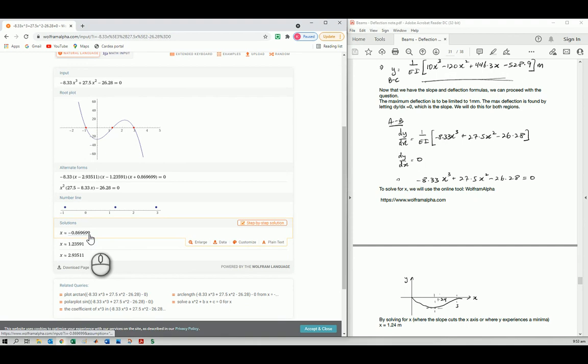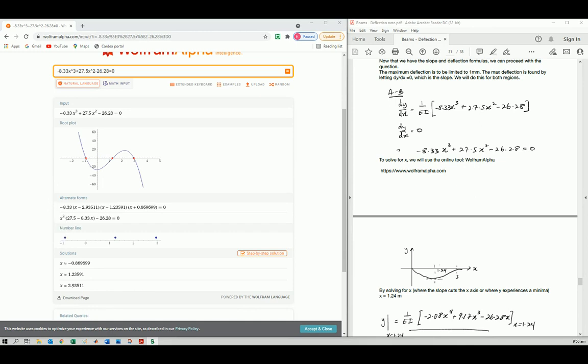Right, so of course our region for AB is between x equal to 0 and x equal to 3. So this is out. So we end up with these 2 expressions here, which fall within the region of x is 0 and x is 3.